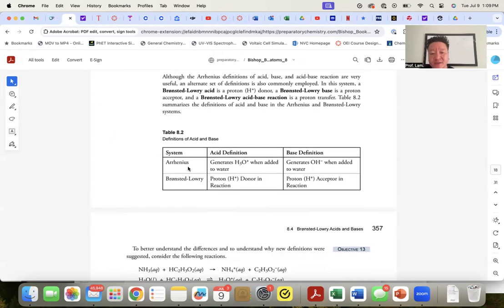As we can see, the Arrhenius acid definition is that you have hydronium generation when added to water, and the Arrhenius base definition is that you generate hydroxide when added to water. For Bronsted-Lowry, you do the same, however, you are thinking of the proton.